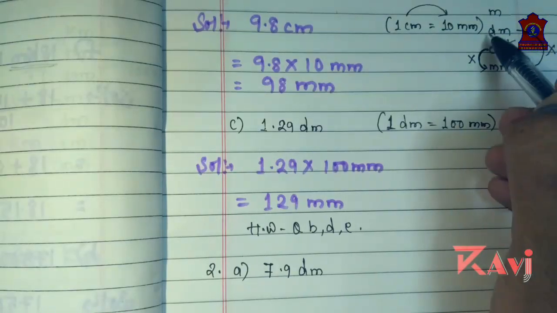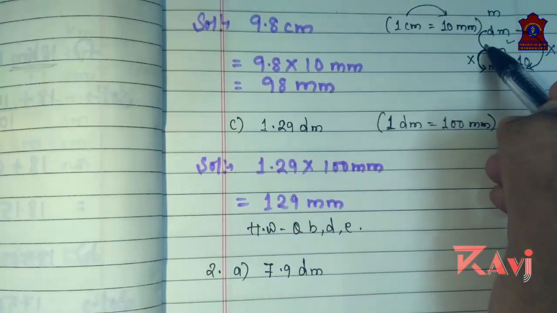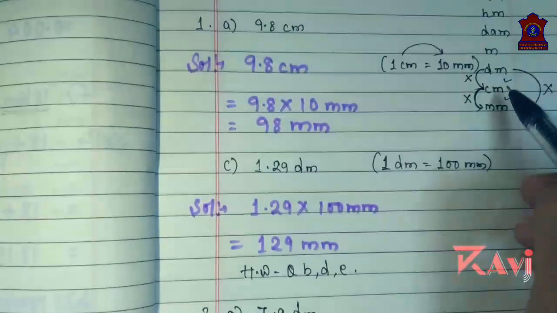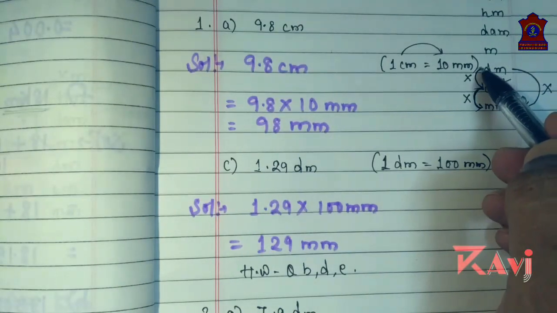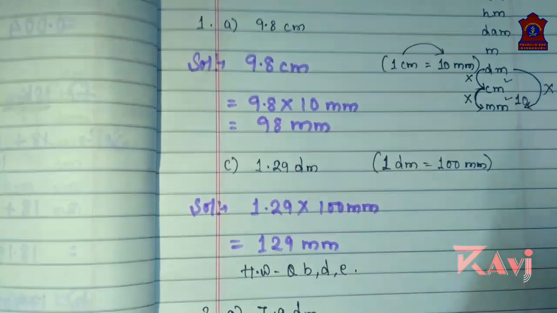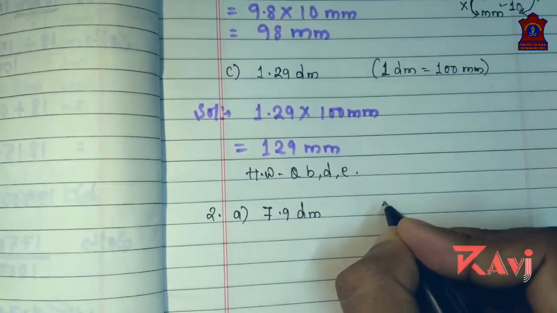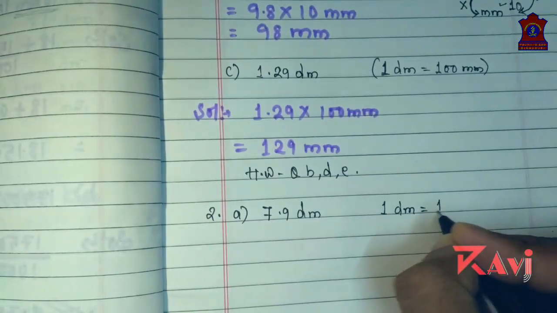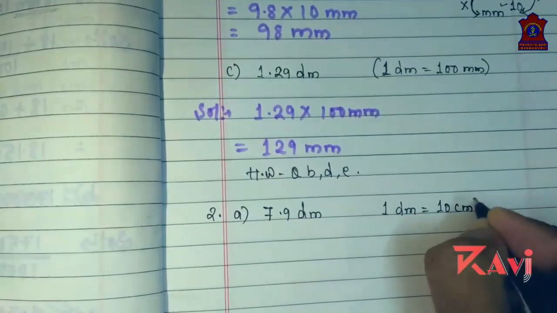See the difference here, decimeter to centimeter. Again we are coming from bigger to smaller, and the difference is of 10. So you will be writing 1 decimeter equals 10 centimeter. Clear?